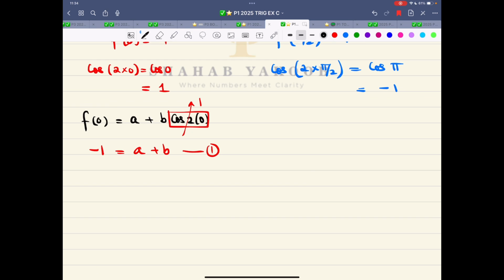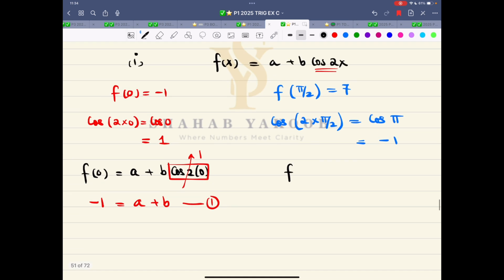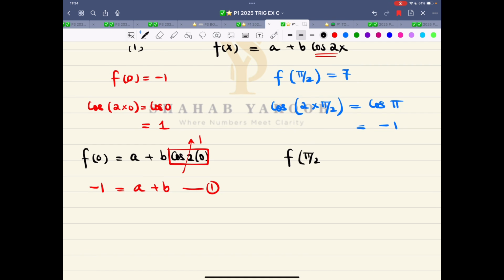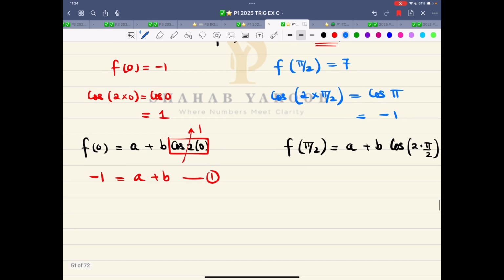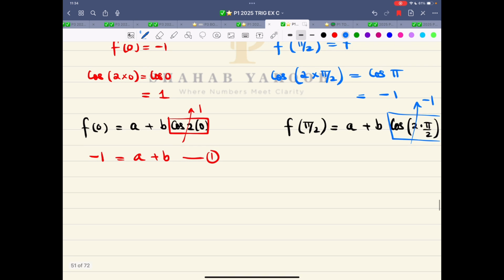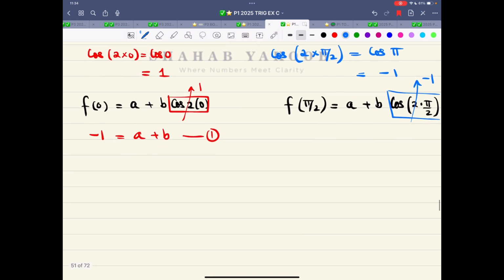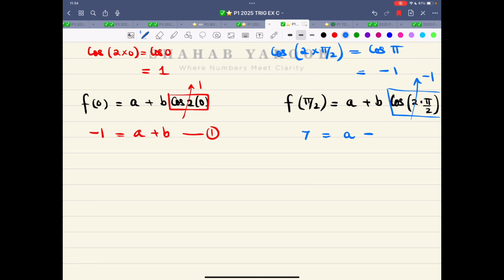Similarly, the other thing is f(pi/2), that is 7. f(pi/2) is a plus b times cosine of 2 times pi by 2, which is cosine of pi. That is this thing in blue color. Now over here, this thing is -1. And the value of f(pi/2) is 7. So 7 equals a minus b. That is equation number 2.